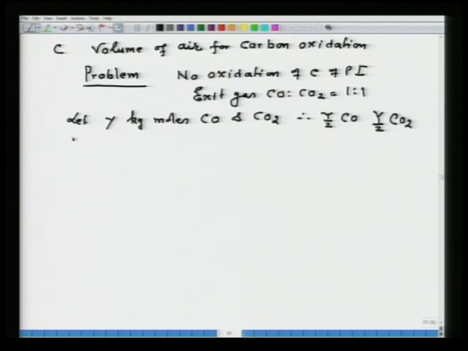Now, we have to do carbon balance first of all.